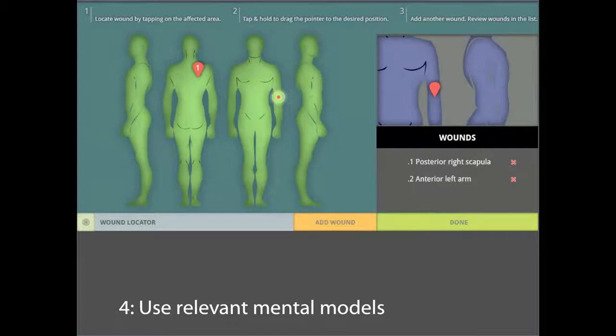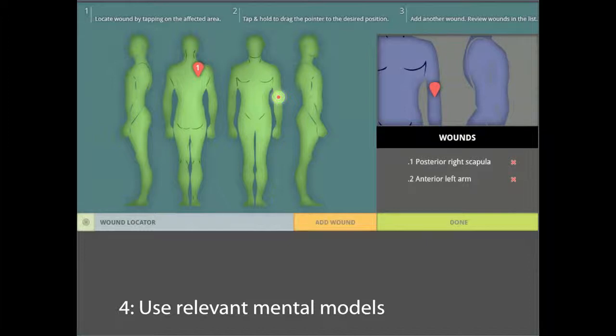Another approach, which we used in this electronic healthcare record, what we did is we had the mental model be the patient, be the person who is being evaluated with wounds. Now, if I have a team of people who are in the emergency room who are looking at this particular screen and relating it to the patient, they'll all realize that the injury on the left elbow is probably not very significant.